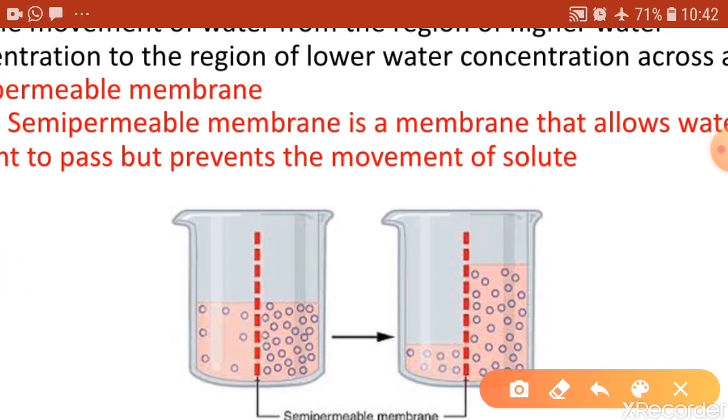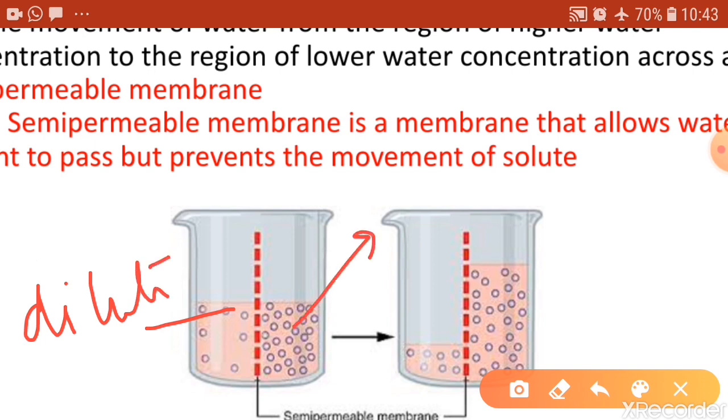Suppose a system is divided into two by a semi-permeable membrane, and you fill both sides of the system with solutions of different concentration. On one side you put a dilute solution and on the other side you put a concentrated solution.